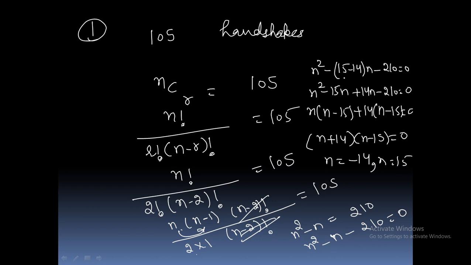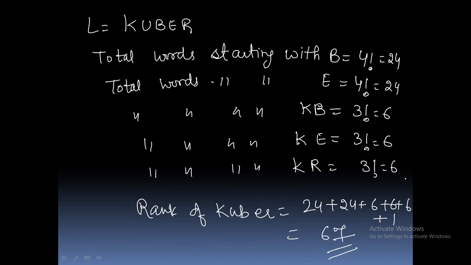When we factorize, 15 times 14 is 210 and 15 minus 14 is 1, so n square minus 15n plus 14n minus 210 is equal to 0. n is common: n minus 15 plus 14 times n minus 15 is equal to 0. So n plus 14 in one bracket, n minus 15 in the other bracket, equal to 0. n is equal to minus 14 or n is equal to 15, and we will take only 15. The negative value will be ignored. The number of persons in the party will be 15.